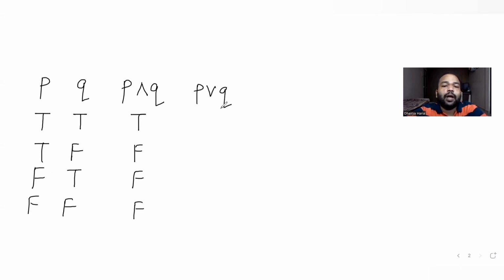For cup, only if both are F is it F, otherwise T. So if both statements are false, P cup Q becomes false, otherwise it is true. So let's use this idea in our statement and find what it is equivalent to.